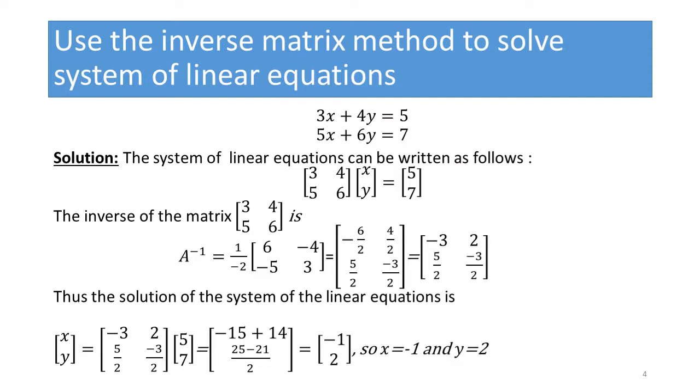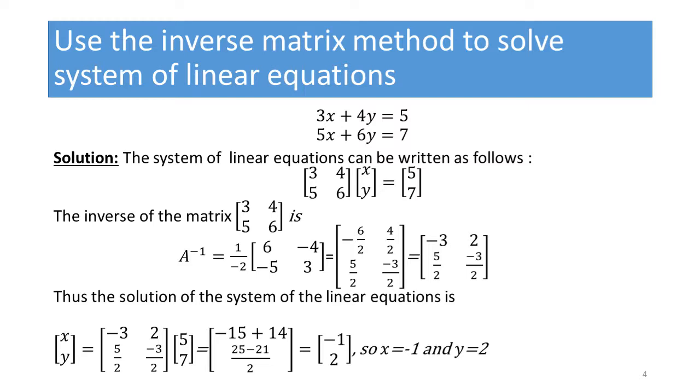So A inverse is equal to 1 divided by minus 2, and we put the matrix bracket, and we interchange the numbers in the forward diagonal, that is 6 and 3, and in the backward diagonal we change the sign. So minus 4, minus 5. So now we get 1 by minus 2 into the matrix 6, minus 4, minus 5, 3.